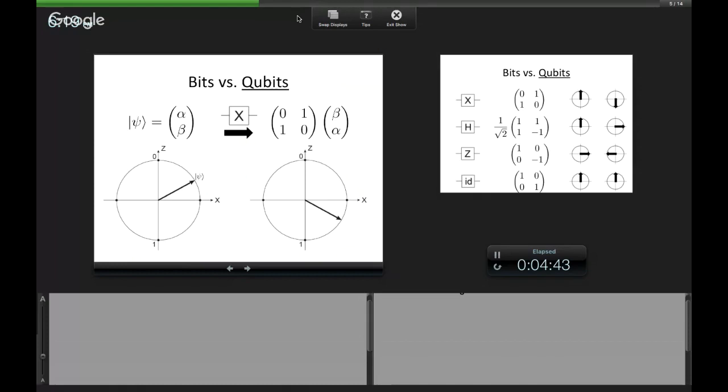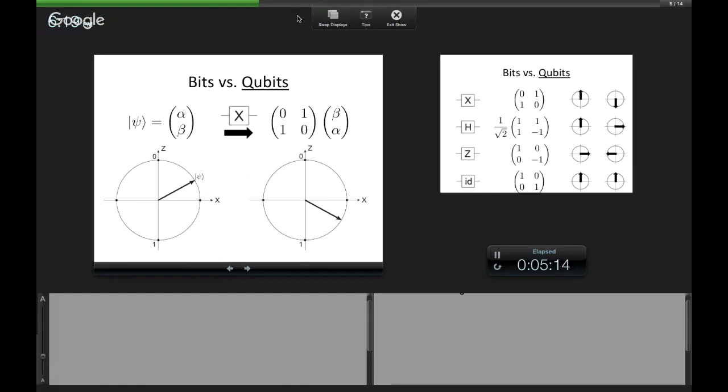Don't worry too much about this funny notation that's called a ket. They'll pop up every now and then, but it's just to signify that something is a vector, a two-component vector like that, alpha and beta. And this Greek letter psi is very commonly used in quantum mechanics because it refers to what's called a wave function. We're not going to talk much about that, but just so you know where that came from.